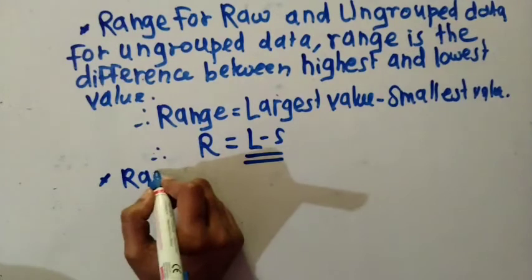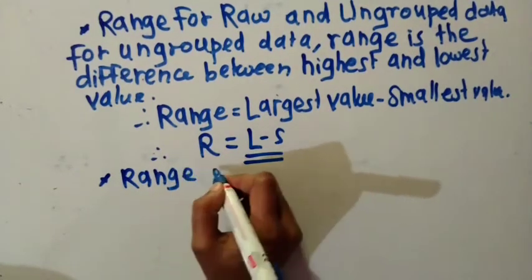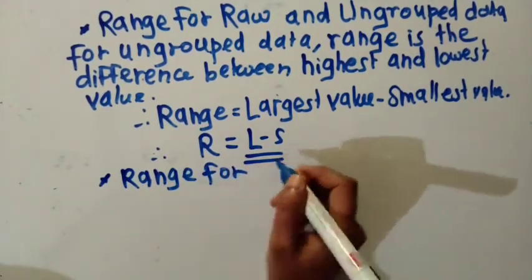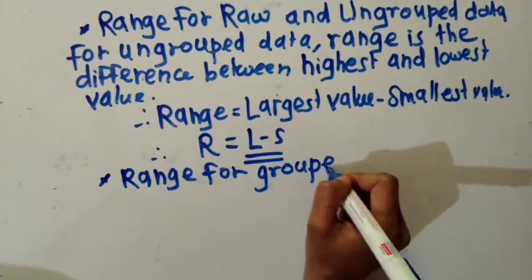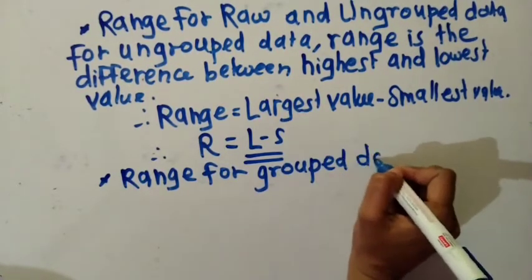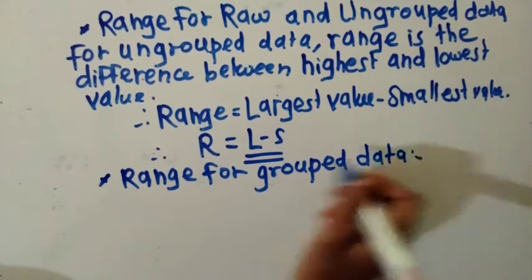Then the next point is range for group data. Group data असेल तर what is the range of the group data?